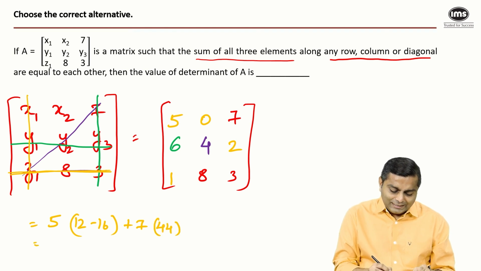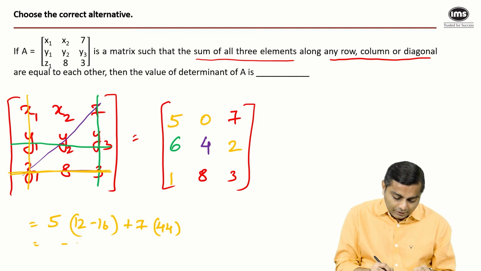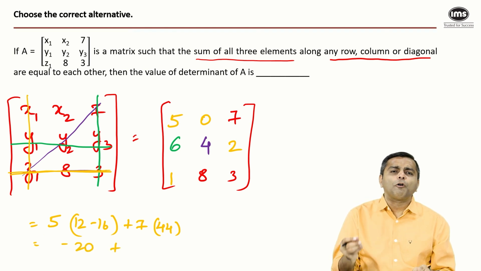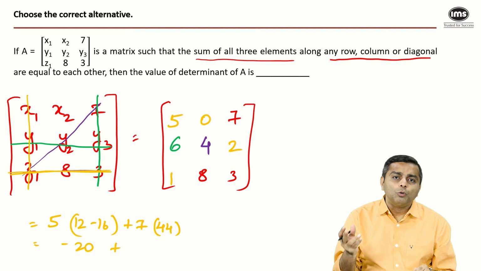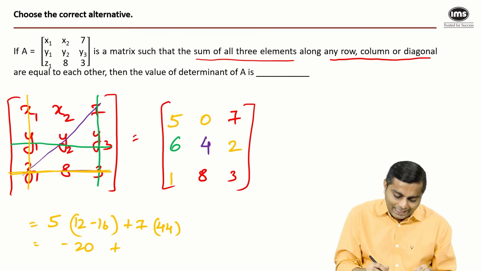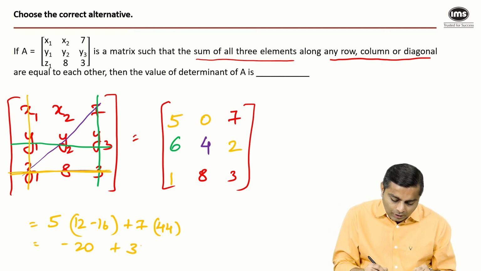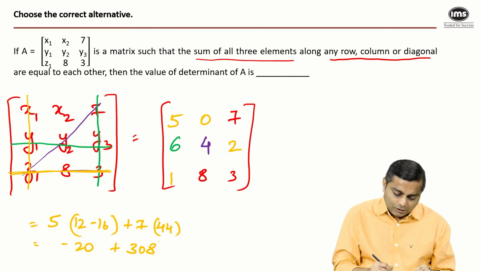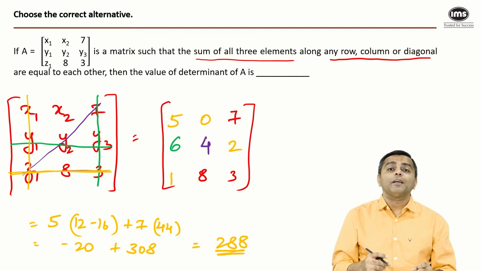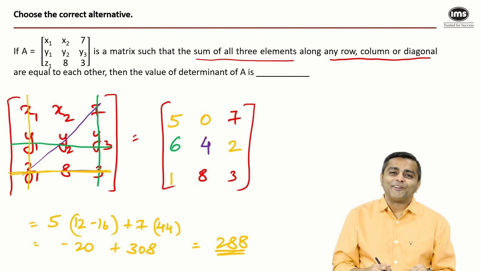So 12 minus 16 is minus 4, and into 5 is minus 20, plus 7 into 44. 7 into 40 is 280. 7 into 4, 28. 280 and 28 is 308, and 308 minus 20 is nothing but 288. So that is going to be our answer for this particular question.